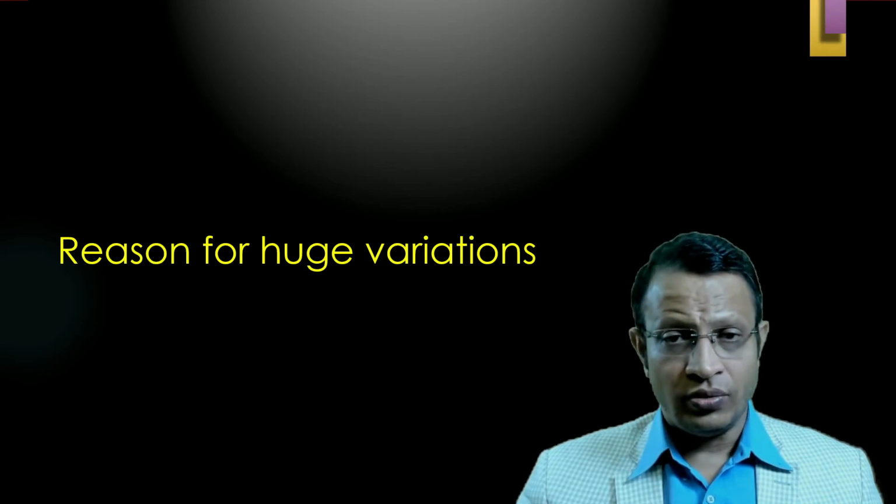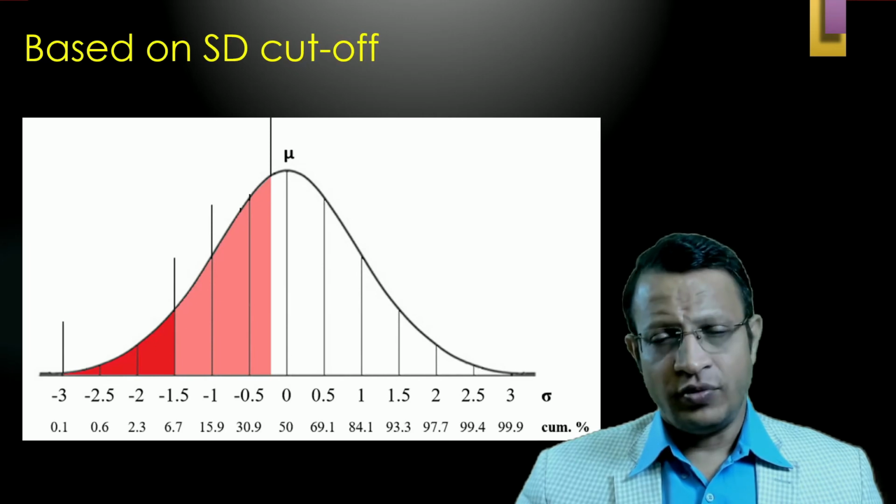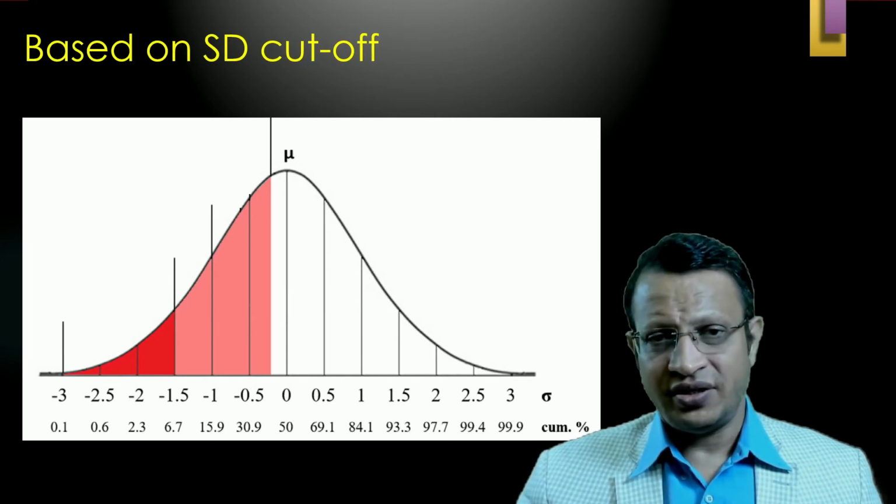Let's understand why there is such a huge variation. The variation is somewhere between 5 to 15% in American studies, and in Indian studies maybe 3 to 16%. What are those reasons? The first and foremost, SLD is based upon the standard deviation.